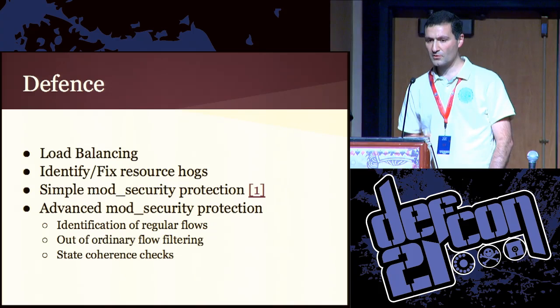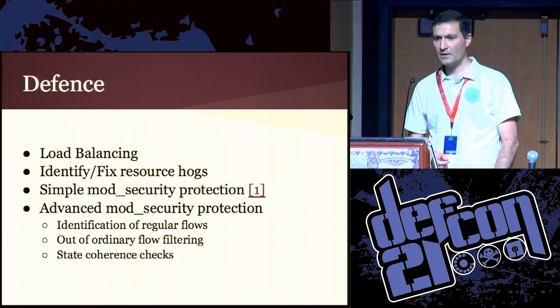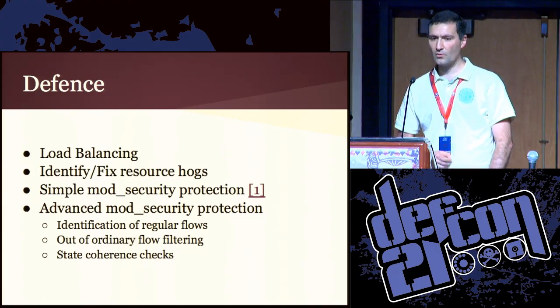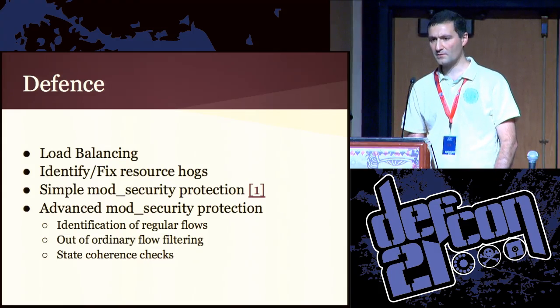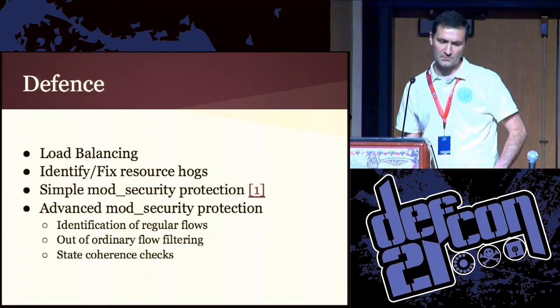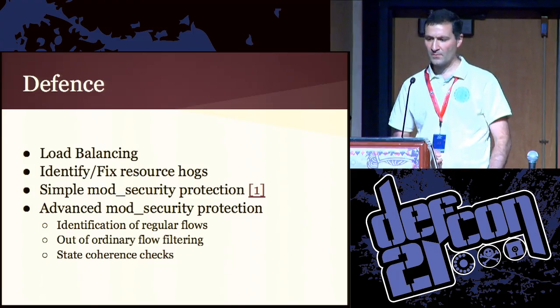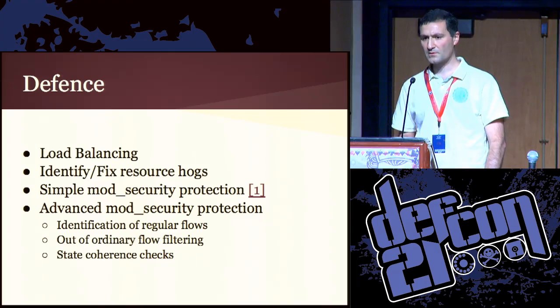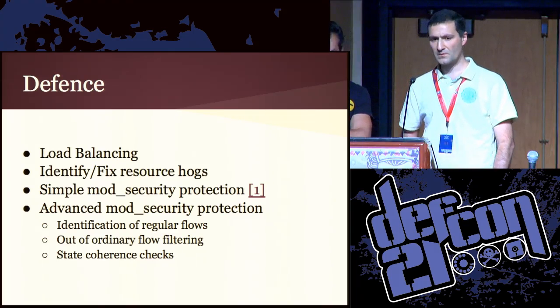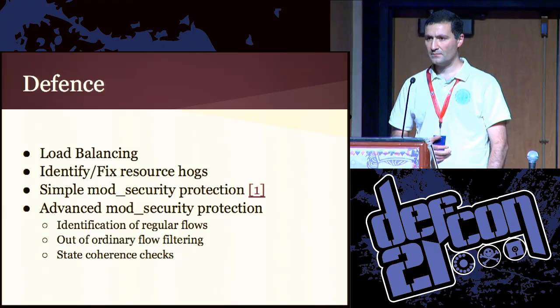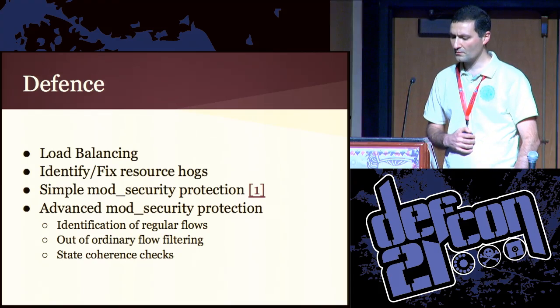And it will track and tag out of place requests. For example, if a resource is requested all the time through some chain of events and this resource is requested immediately, that would warrant some special consideration. Same goes for state coherence checks, where a resource is always requested with some state, and now a request comes in without a state, that's an indication to pay close attention to that as well.